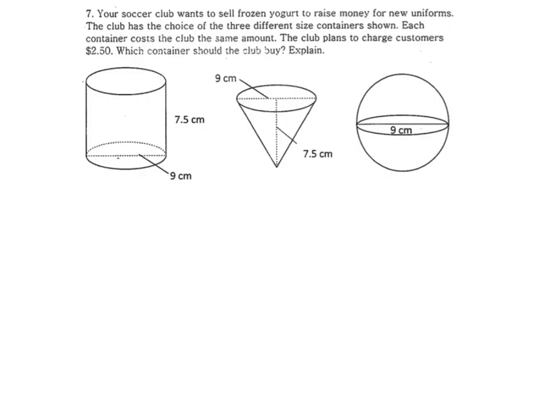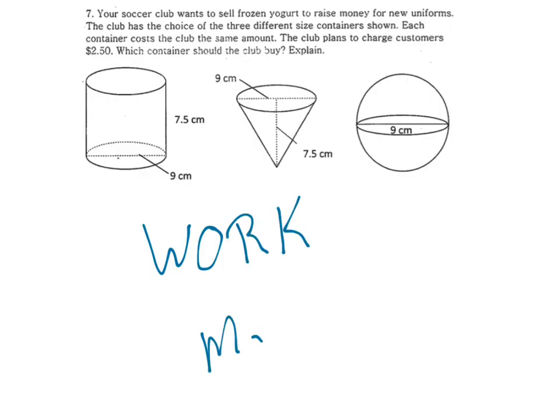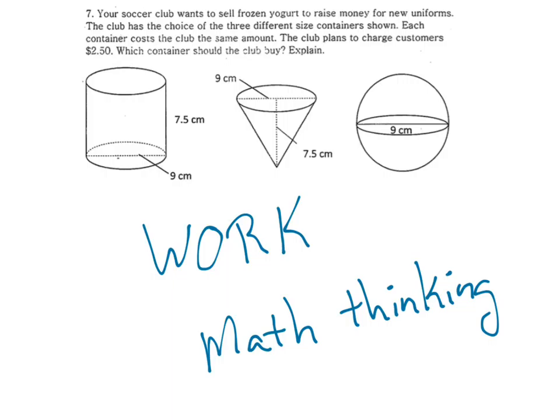Number 7. You can answer this a few different ways. So the key is whatever you do, you need to show me some work or some serious math thinking. Because you could possibly do this without showing me your work. I'm going to show the way with work.